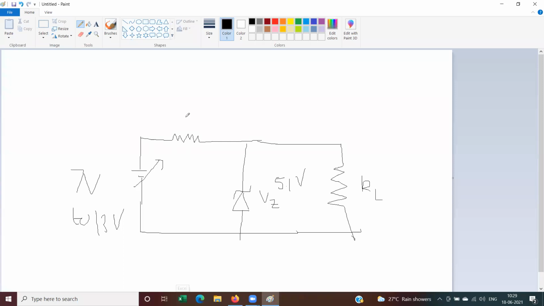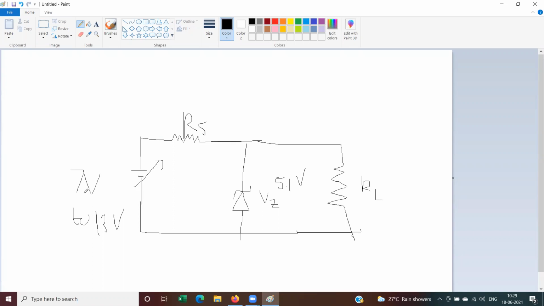The idea is that any changes of voltage here of the voltage source will not get reflected at the load. The load should have a constant voltage irrespective of what voltage this voltage source is supplying. Obviously, if the voltage becomes zero, the load voltage also becomes zero.